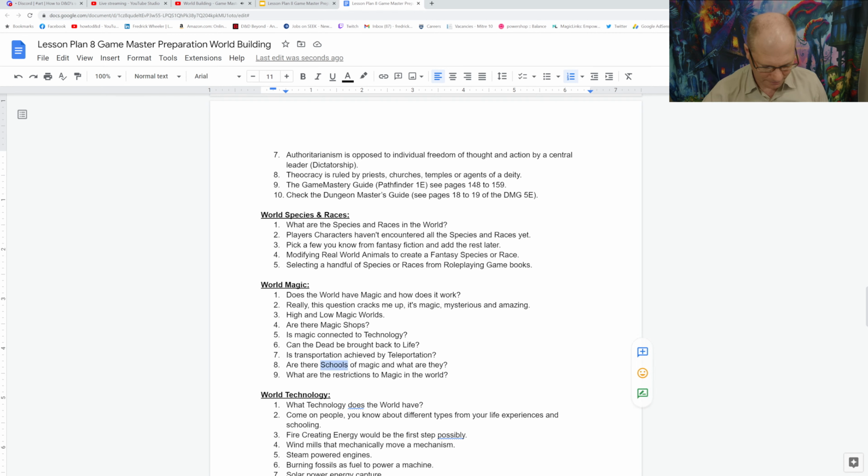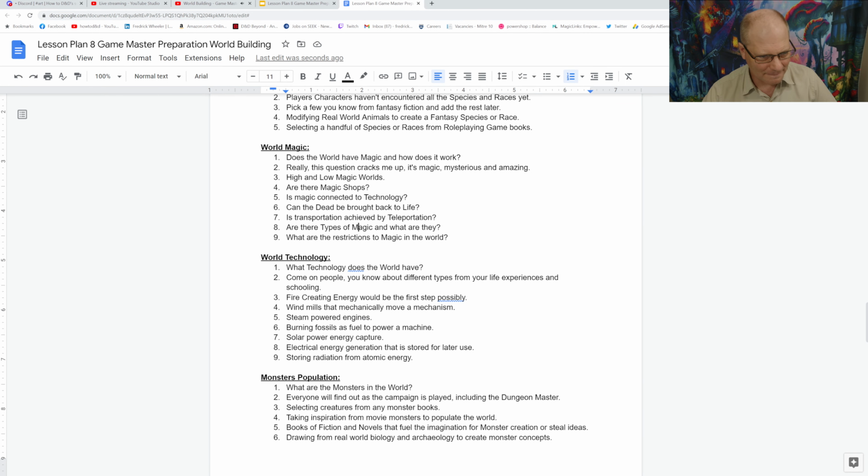This is what we need to do. Types of magic, and what are they? What are the restrictions to magic in the world? This actually does it all. I don't even need to point you in the direction of something that isn't going to tell you anything new. It's like filler words, if anything. Okay, so we'll leave that.